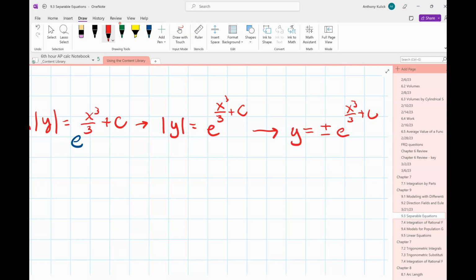Everybody feel okay there? Now, this is not the way that they would write the answer in the back of the book or in a multiple choice. So let's show you what else we can do here.